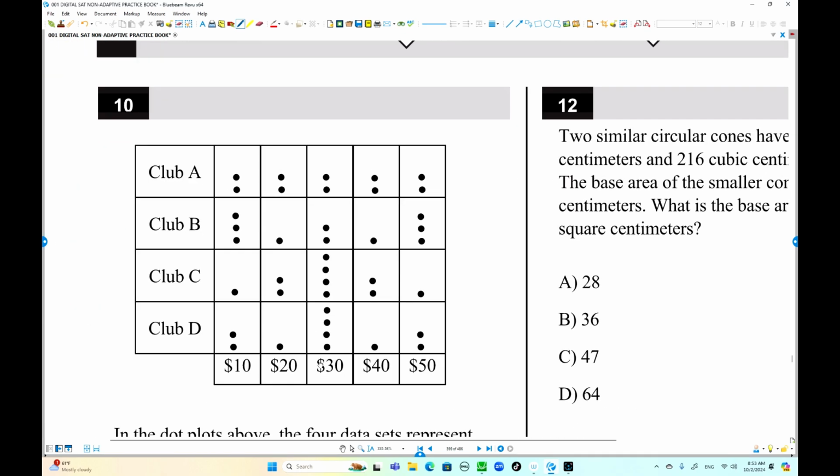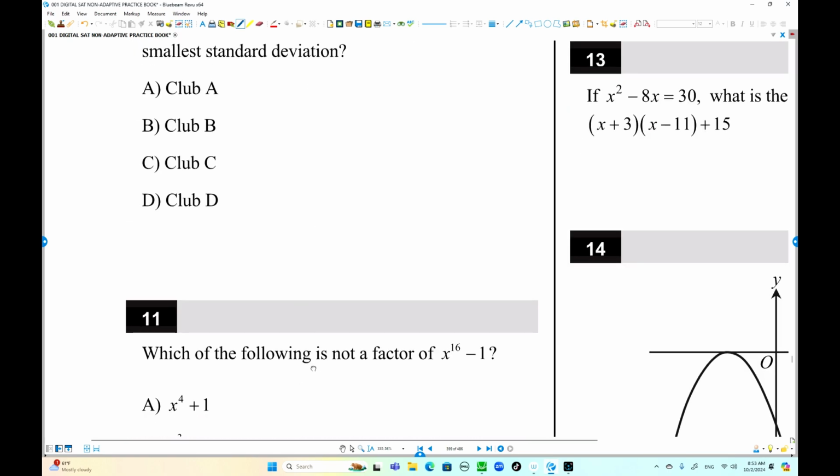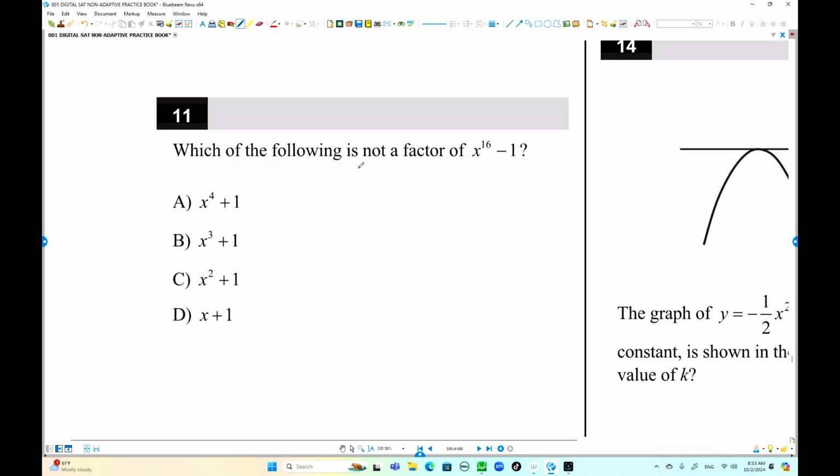Okay, move on to number 11. Which of the following is not a factor of x to the 16th power minus 1? First of all, you can factorize it easily: x to the 8 plus 1 and x to the 8 minus 1.